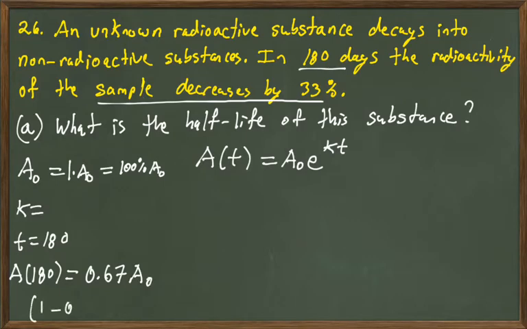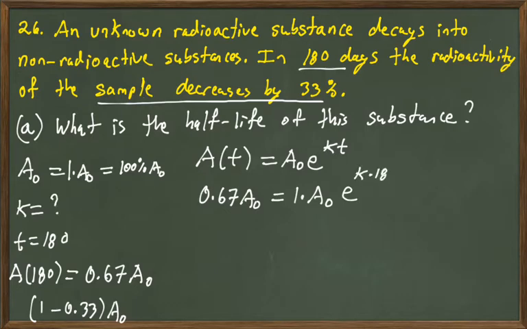Or we can take 100% minus 33% for that decreasing, and so we have that 0.67 there. All right, so we got all that information, so we're going to plug in 0.67 A naught is equal to 1 A naught, e to the, we don't know what k is, and then times 180.